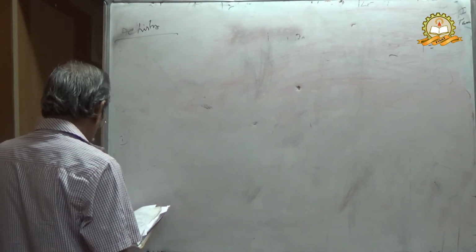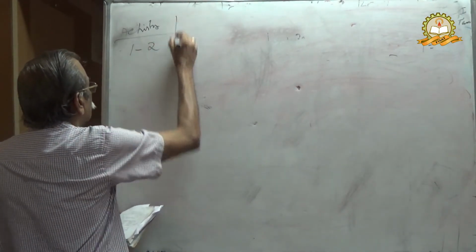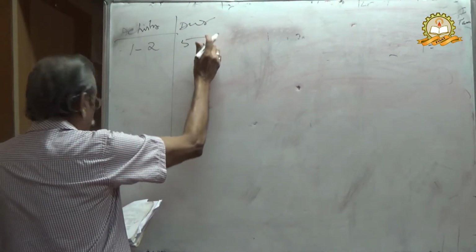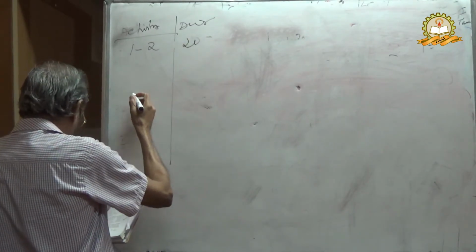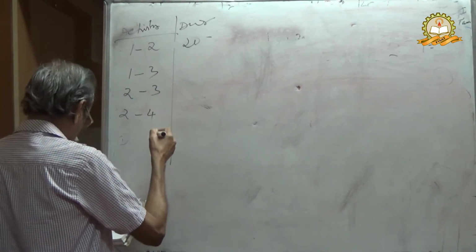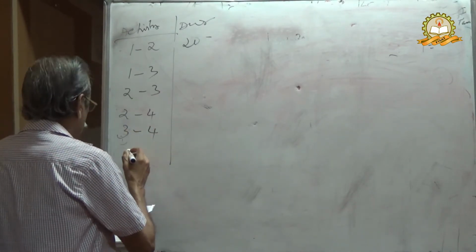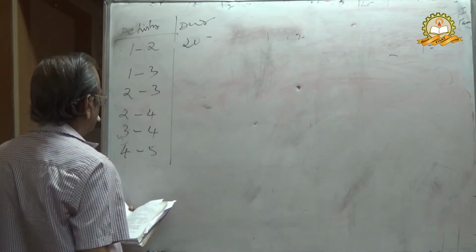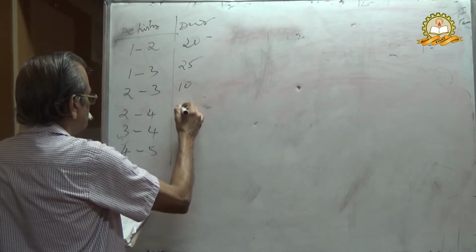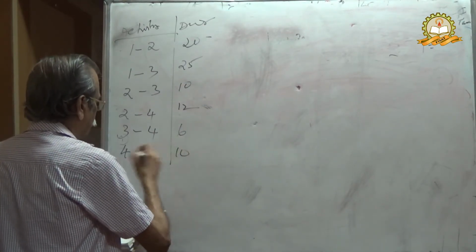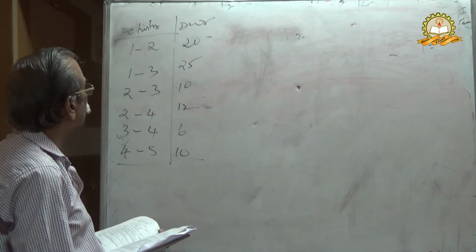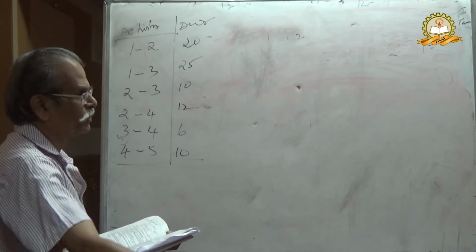You can write activity 1 to 2, 1 to 3, 2 to 3, 2 to 4, 3 to 4, 4 to 5. There are 6 activities, with durations 20, 25, 10, 12, 6, 10.